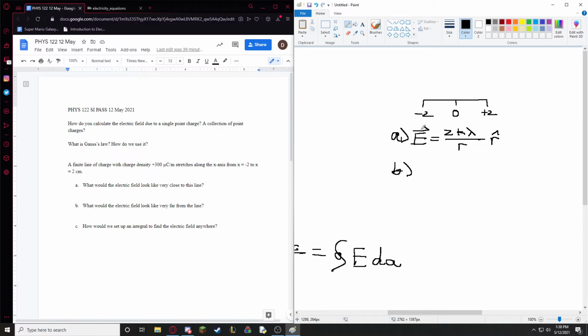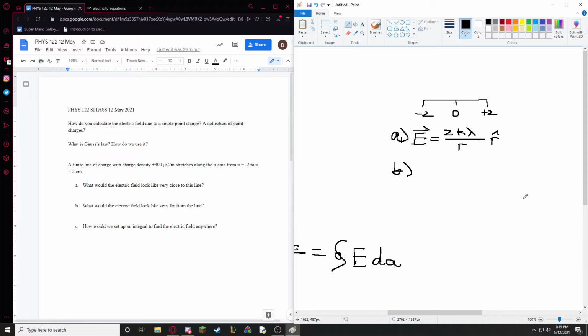So now, what about if we're very far away from the line? What is the line of charge going to look like if we're very far away from it? Very small. It's almost going to look like what?